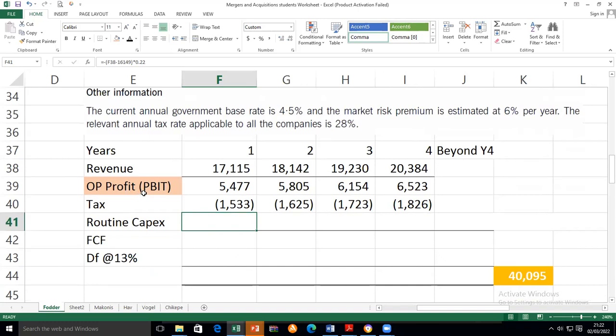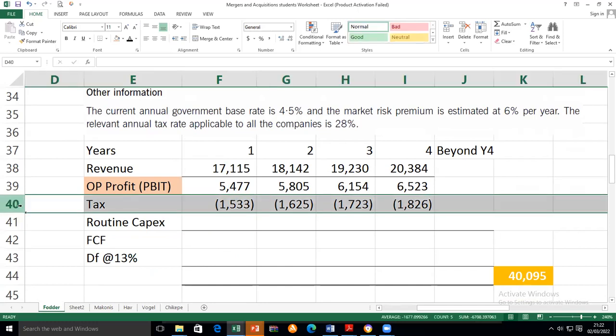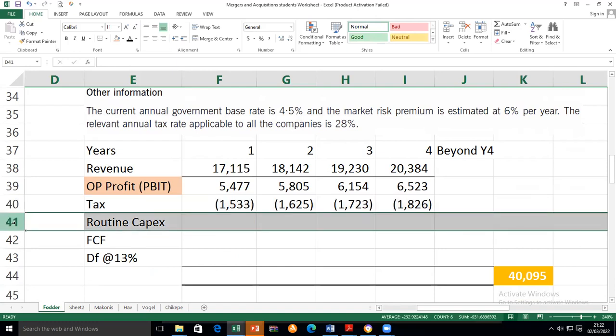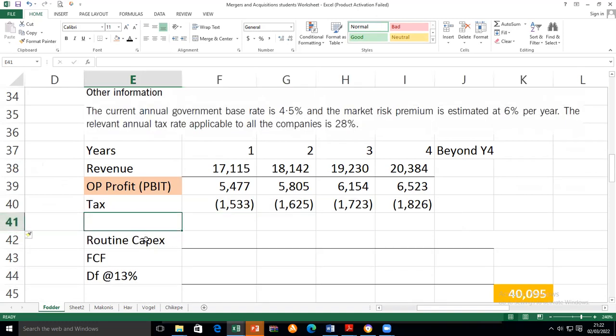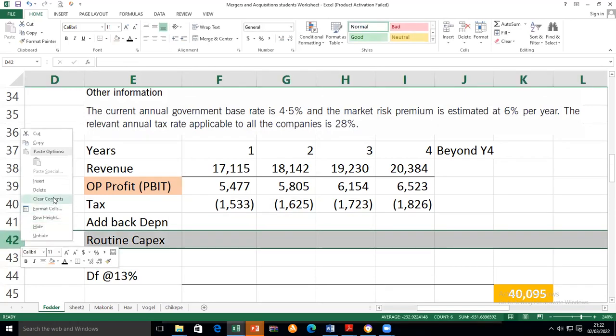How do you convert a profit figure to a cash flow? Ideally, we need to come here and add back what? Depreciation. Yes, you're right, depreciation. And when we come here, we are supposed to remove two items.